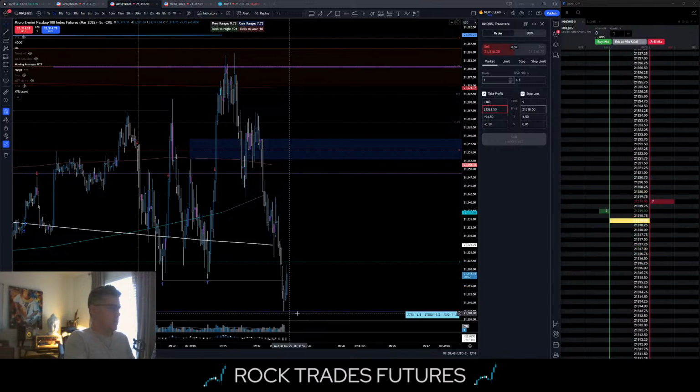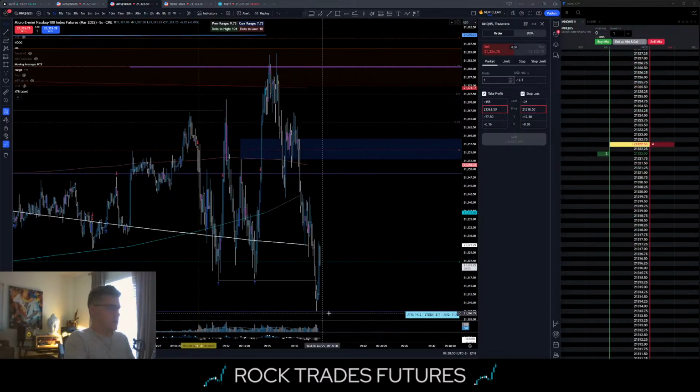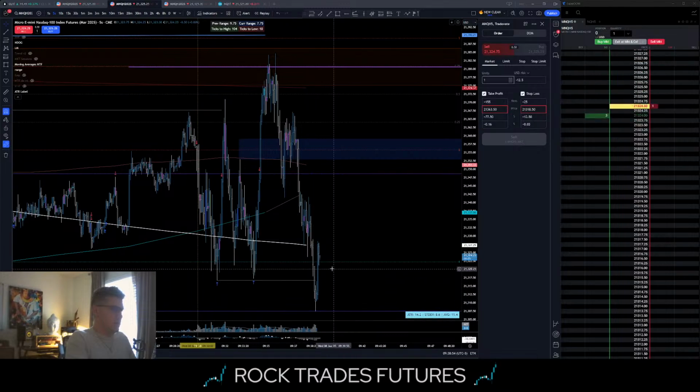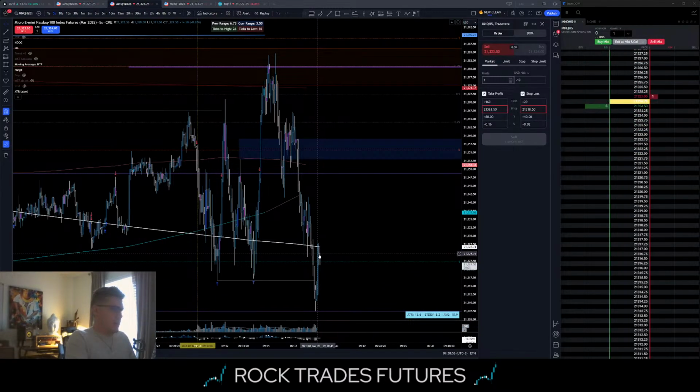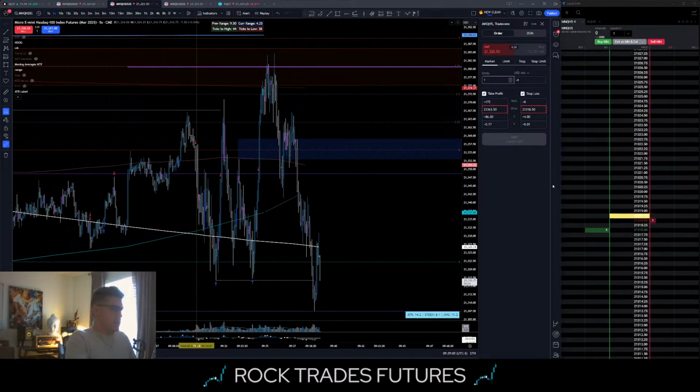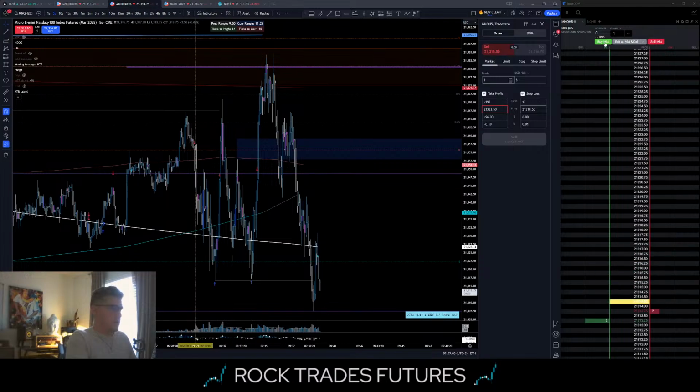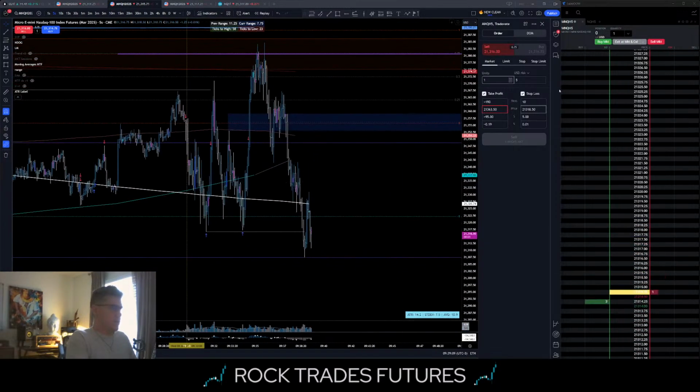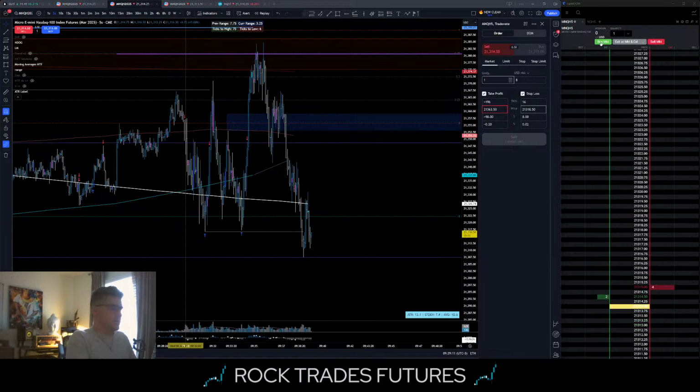Inside up close bar, perfectly touched whatever this line is. Not a coincidence. That line is based off something relevant to me. Let's see this pull back a little bit, and let's wait for some kind of signal here.